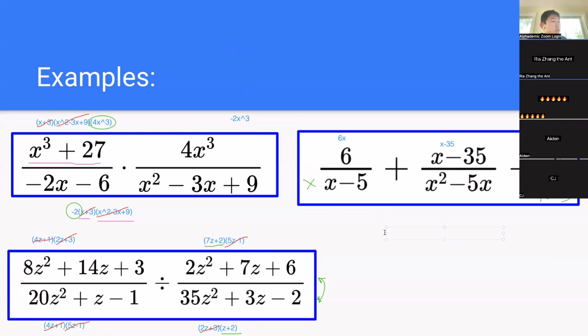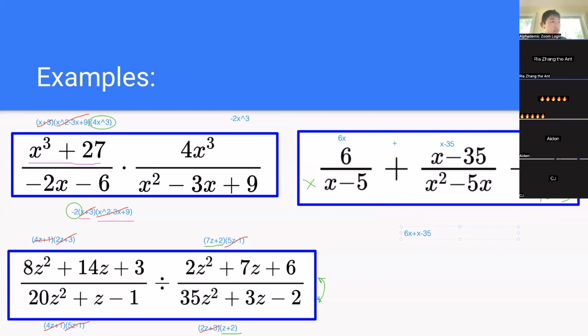So afterwards, you combine all of these top numbers, you add them together. And afterwards, you would get 6x plus x minus 35. Make sure to, very important, make sure to keep the symbols in mind, because you have the negative here.